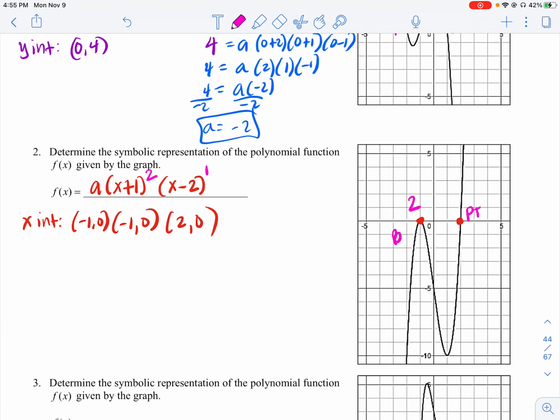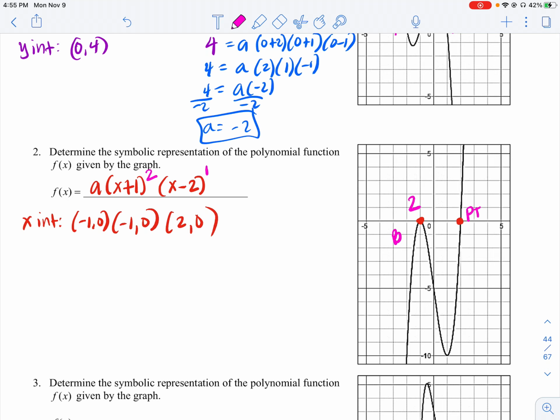You do not have to write x plus 1, x plus 1, and x minus 2. You can just put squared. That is to indicate that there was a bounce behavior that happened at that point. Okay? Let's remember now. When it just passes through, the point is used once only. If it bounces back, the point is used twice. That makes sense? All right, moving on.